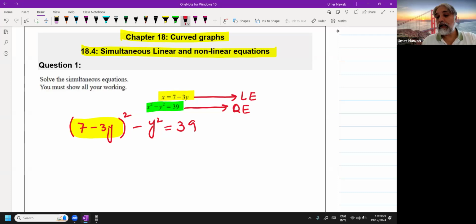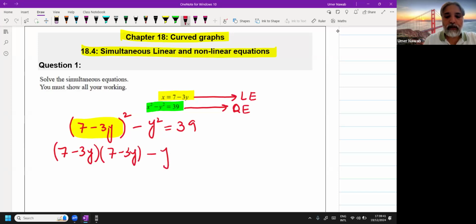Now algebra skills come in front of you. We have a bracket having a square. Can I copy this bracket 2 times? Whereas y squared and 39 will be coming as it is.